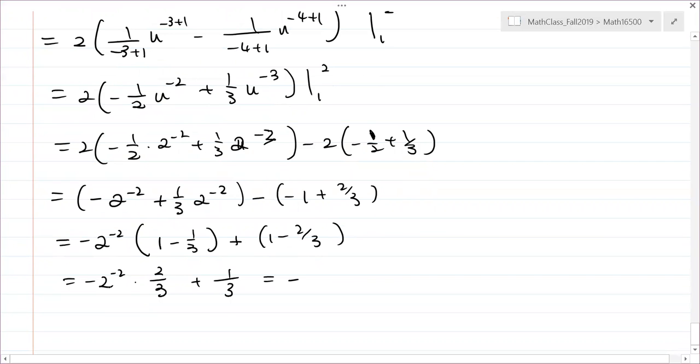The 2/3 is canceled out. The 1 is going to be 2 to the negative 1. So it's 1/6. Okay. And this is a number smaller than 1. And you look at the picture, I already know that it's going to be smaller than 1. So this is the answer.